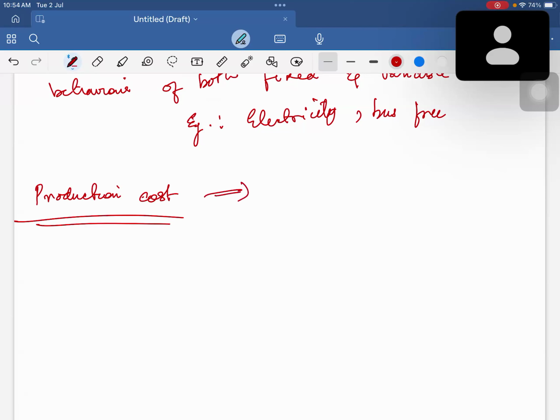The production cost is the cost related to production of goods and services, so all cost related to the production department is a production cost. Understood?